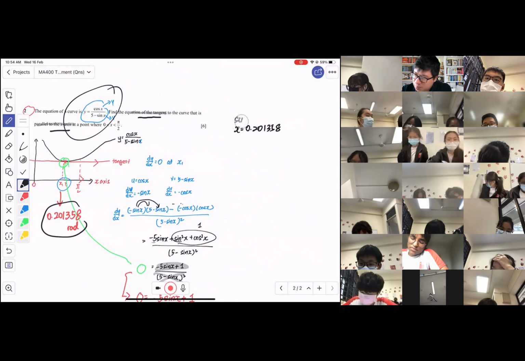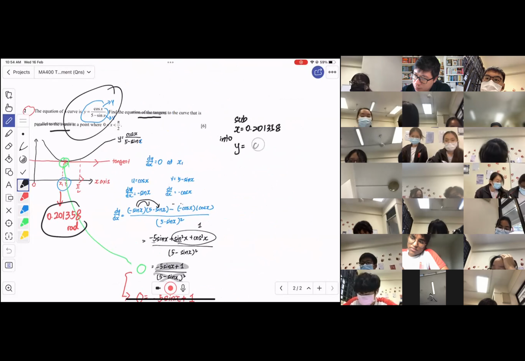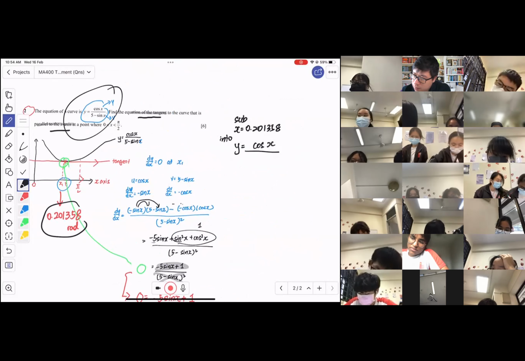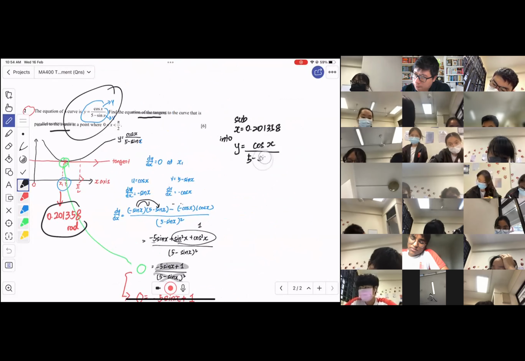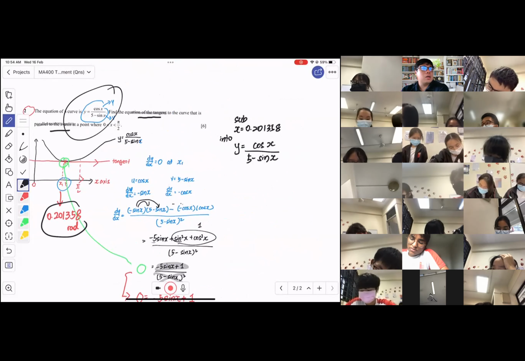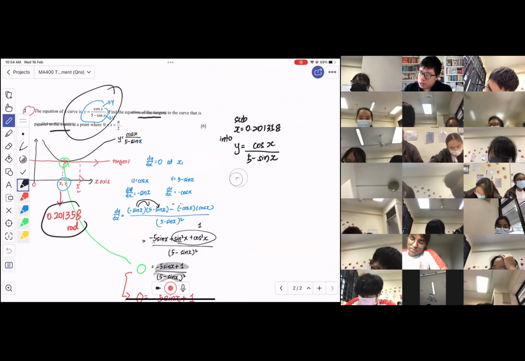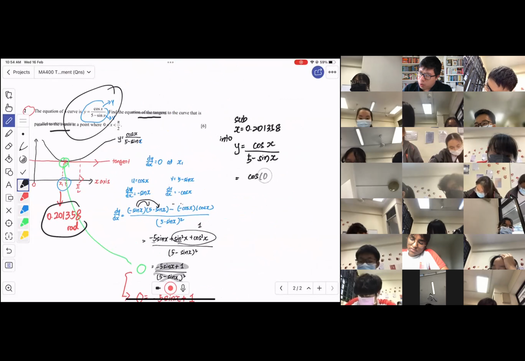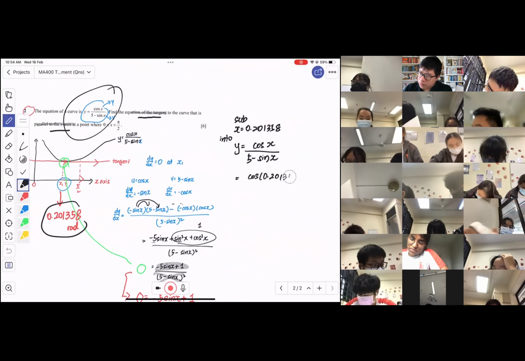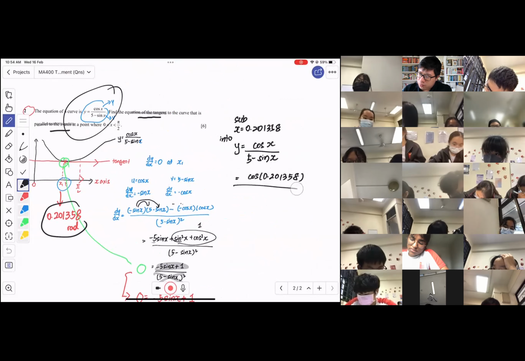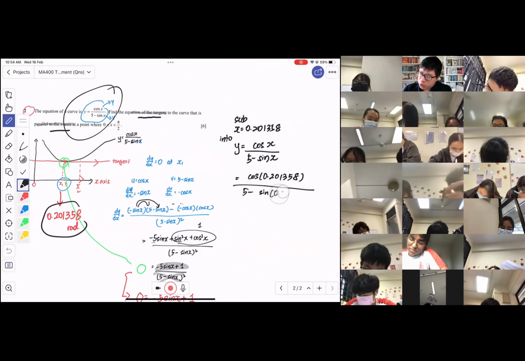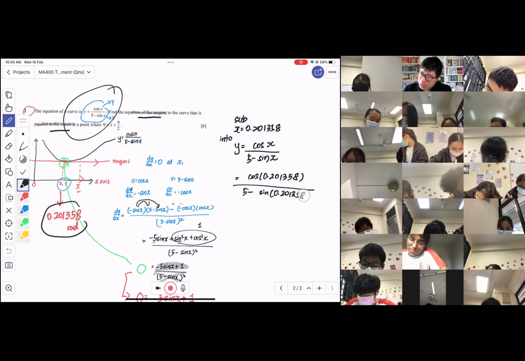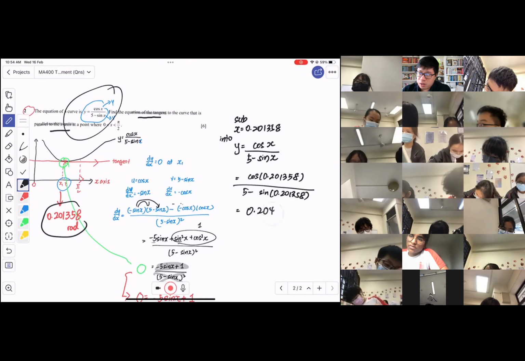You sub into y. So if you have cosine 0.201358 over 5 minus sine of 0.201358, in radian mode it is supposed to give you 0.204.